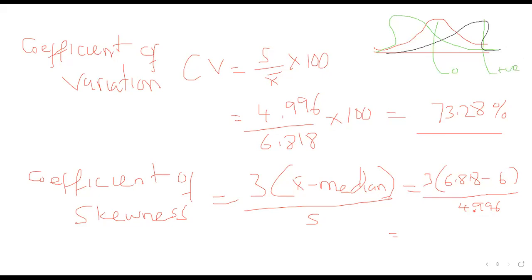Here when it's positive, and here when it's negative. So here we're obviously going to get positive 0 point something, isn't it? 0 point what? 0.53.